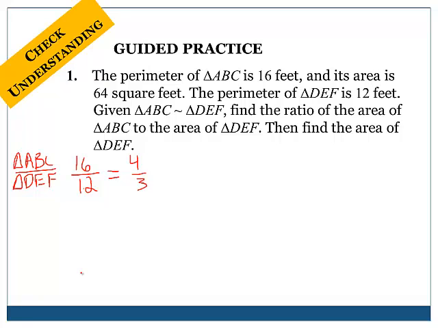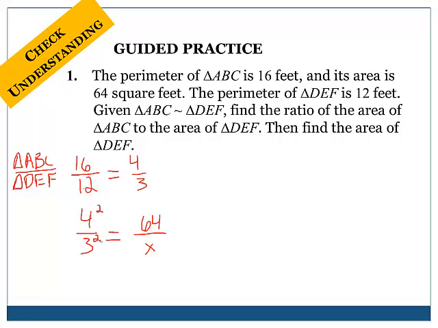Since we have the ratio of our perimeter, let's bring that down here. We have 4/3 is equal to, we are trying to find the area of DEF. So that means that X goes on the bottom here, and we're given the area of ABC, which is 64. And remember, anytime we're dealing with perimeter or side lengths, we need to square those values to set them equal to the area.